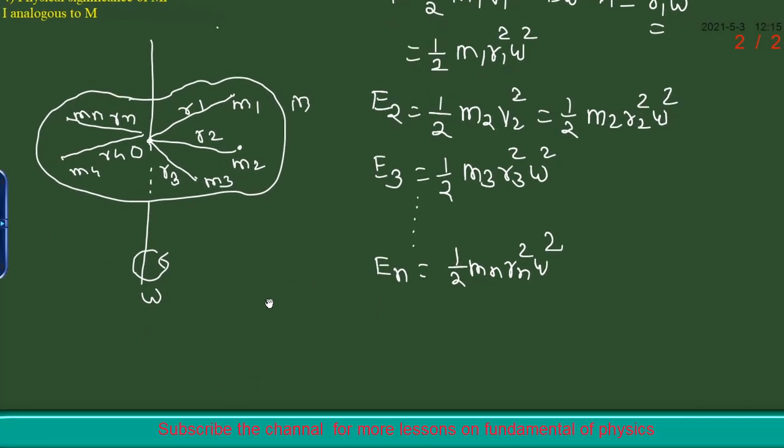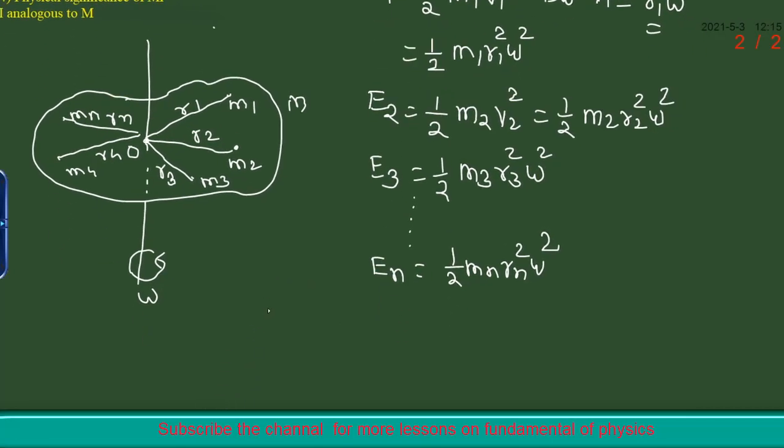Now using these kinetic energies, we will find the total kinetic energy E equal to E1 plus E2 plus E3 plus, last, En.